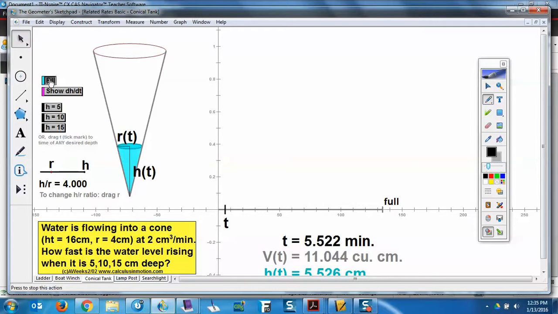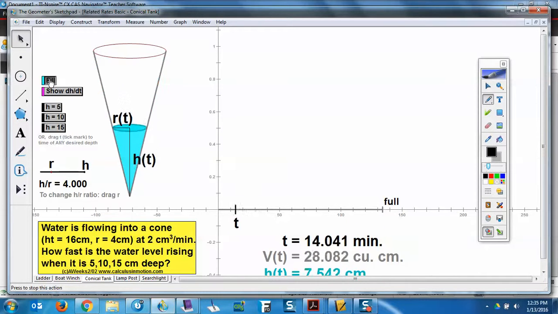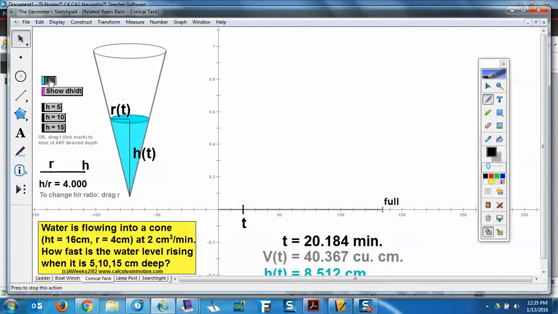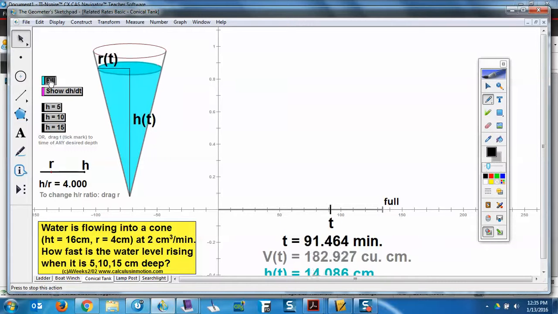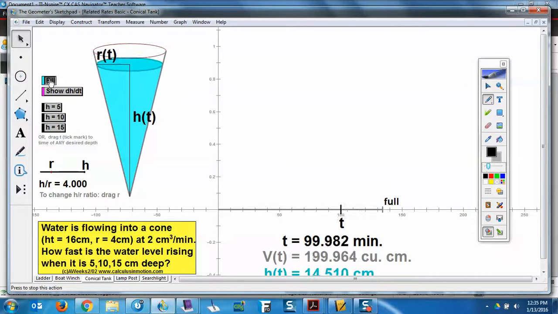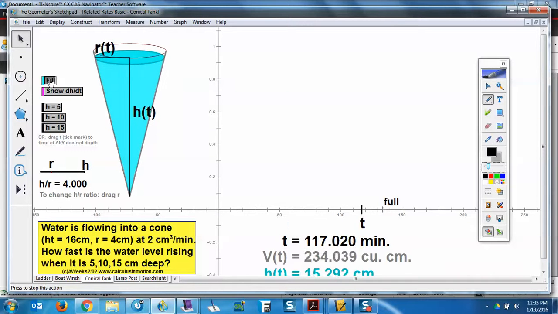How fast is R changing? Those are both changing as the water goes up. The volume is changing in this case as well. And so this question asks, how fast is the water level rising? If you know how fast the water is going in, 2 cubic centimeters per minute, so that would be V prime, what would H prime be?